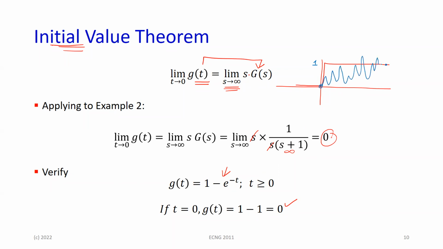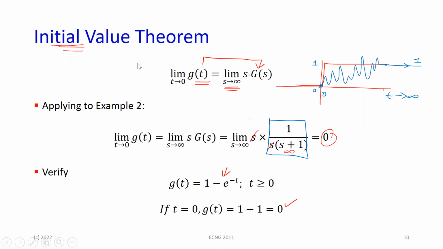It could be doing all kinds of things, but at some point in time, at t getting big, it is settling at a value of 1, and at t equal to 0, the value is 0. And we could do all of that just by looking at the system transfer function without having to find the inverse transform. Yeah?